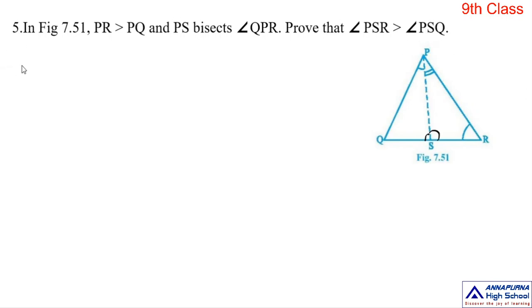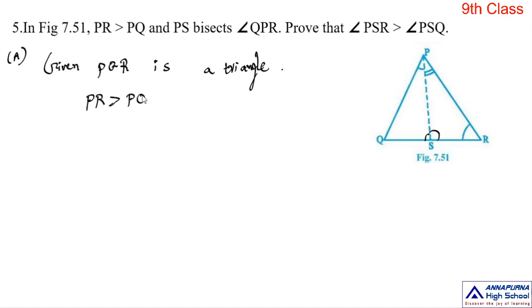Let's start the solution. Given: PQR is a triangle. PR is greater than PQ.